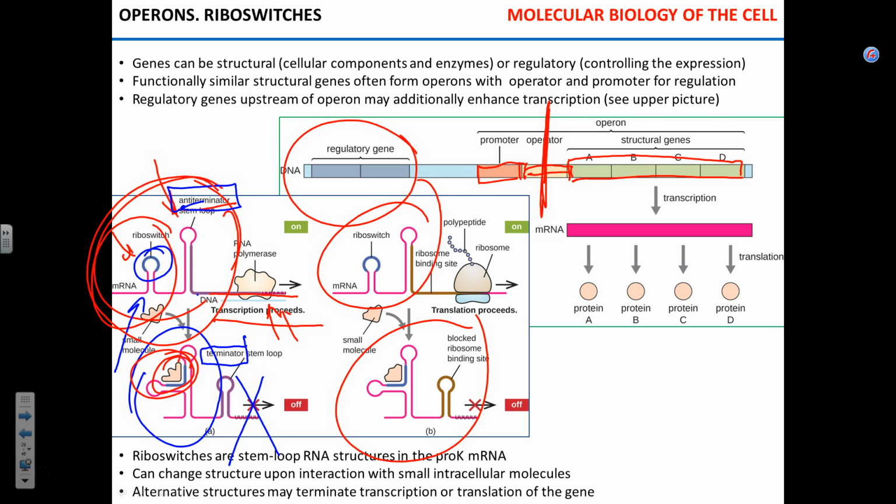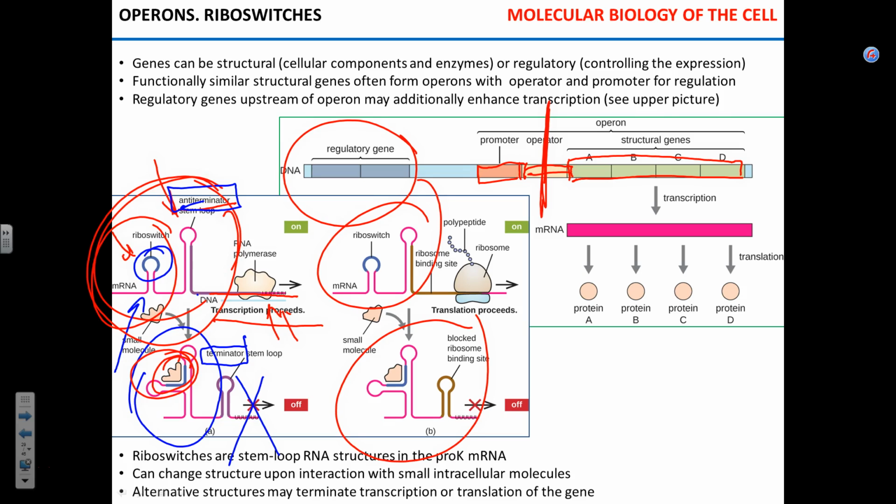Sure. You have mRNA that is made during transcription. Part of that mRNA is called the riboswitch. Does that make sense so far? Okay. If the molecule binds to the riboswitch and changes its shape, the changed shape is the signal for transcription to stop.